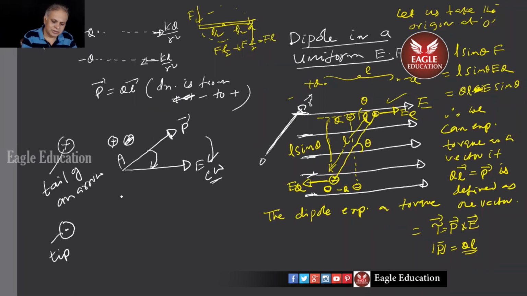Now, yes, we'll also try to give physical meaning to P. You define Q into L, that is charge into length between the charges, as the dipole moment, but what is the physical meaning of it if you want to know? Look, what is the meaning of P?